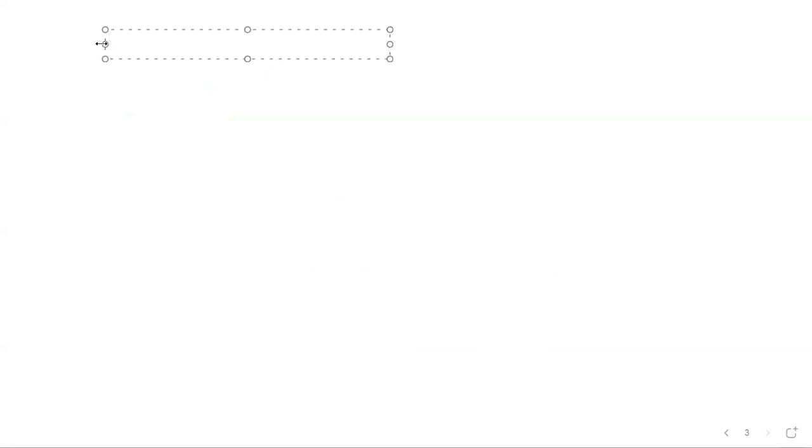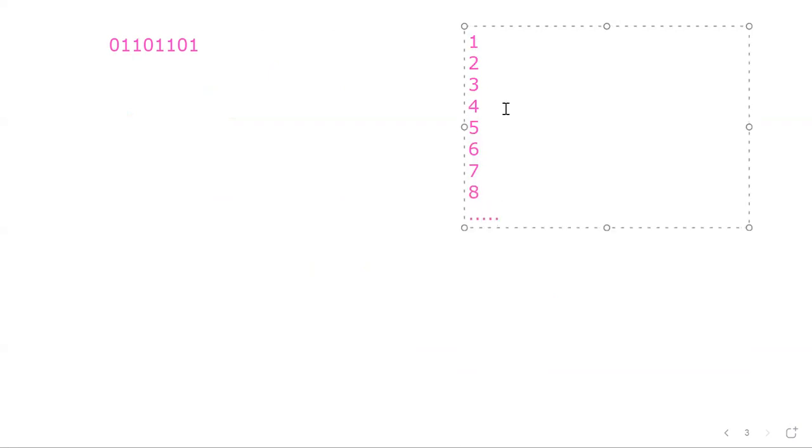So, how is our machine language written? Like this: 01101. And what is our normal decimal? 1, 2, 3, 4, 5, 6, 7, 8 more. Okay. This starts with 0, 1, 2, 3, 4, 5, 6, 7.